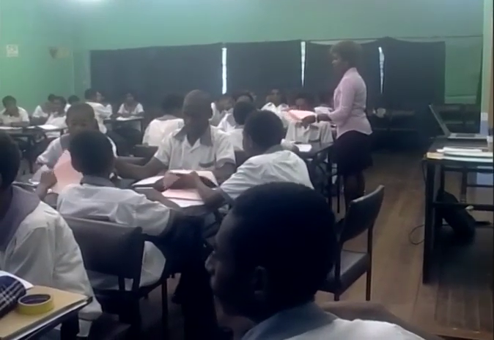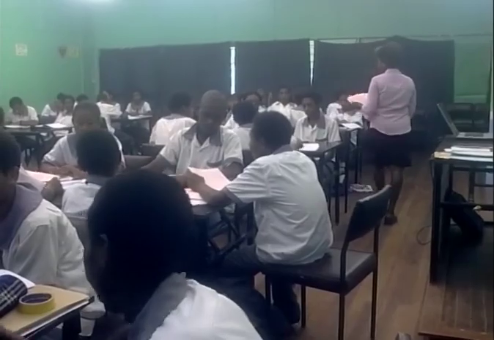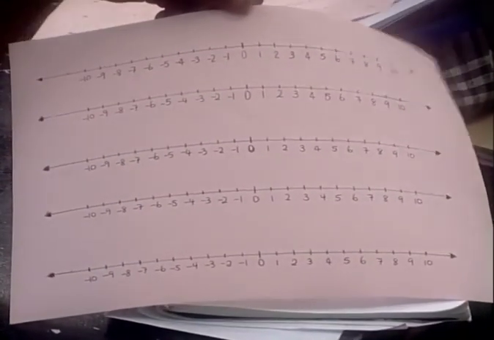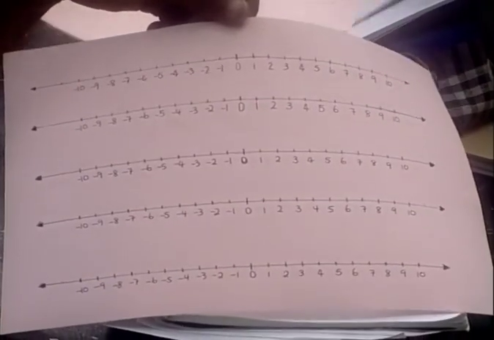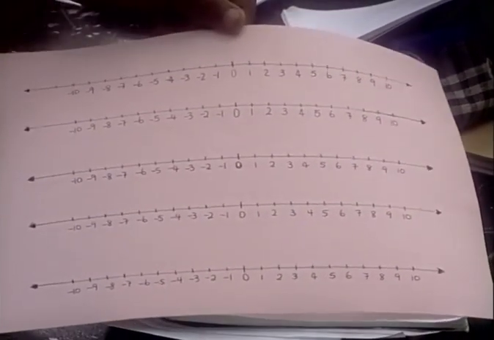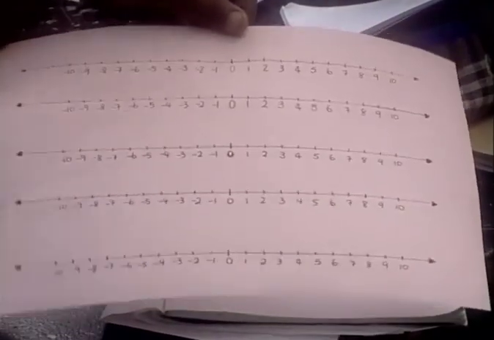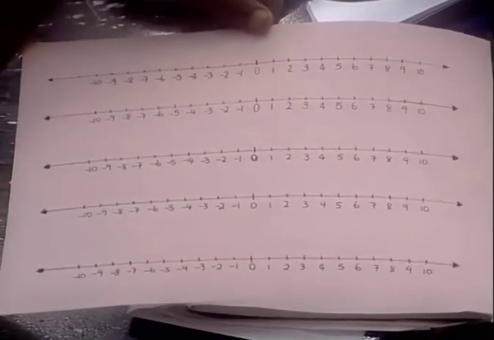On the paper, you have 5 number lines. So you can decide which two to do which activity in order for you to get it done quickly. You have activity 1, activity 2, activity 3, 4, and 5.